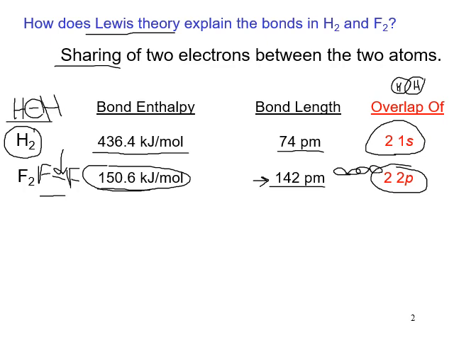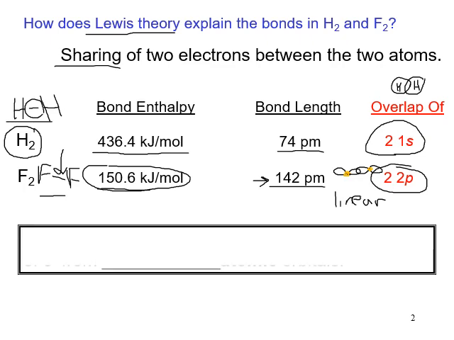Say these central portions here are the fluorine atoms. You would still get a linear molecule, and linear is good because that's what it is. And then you could explain the bonding through this simple overlap idea. And it would also explain the shape of the molecule.